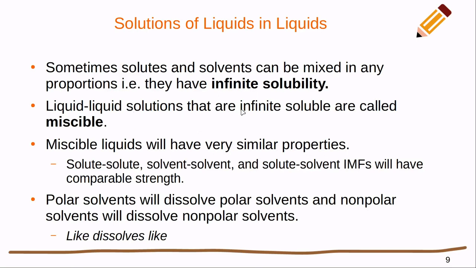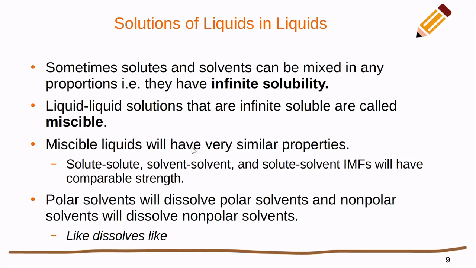Liquid-liquid solutions that are infinitely soluble are called miscible with one another. All right, so no matter what proportions I mix them in, they're going to form a solution. Miscible liquids will have very similar properties, meaning that the two liquids will be similar to one another.